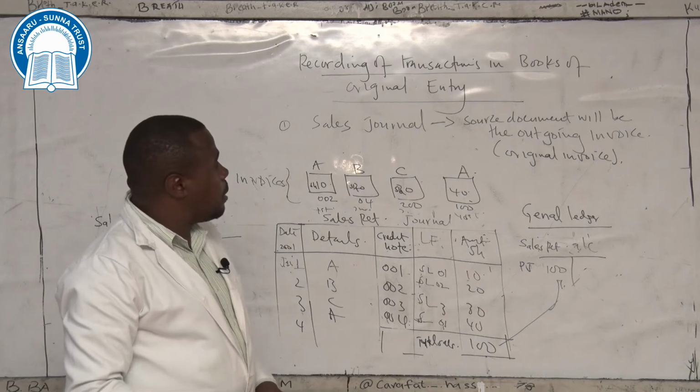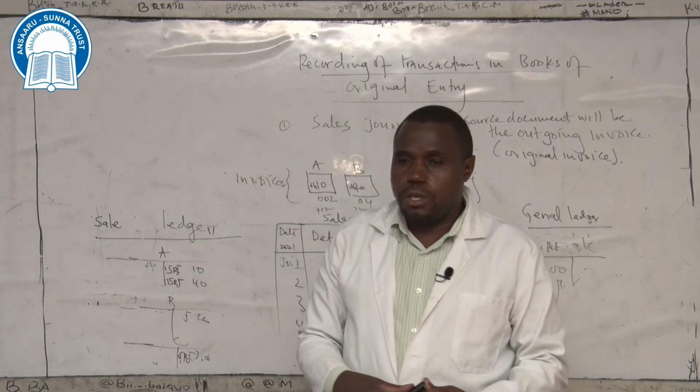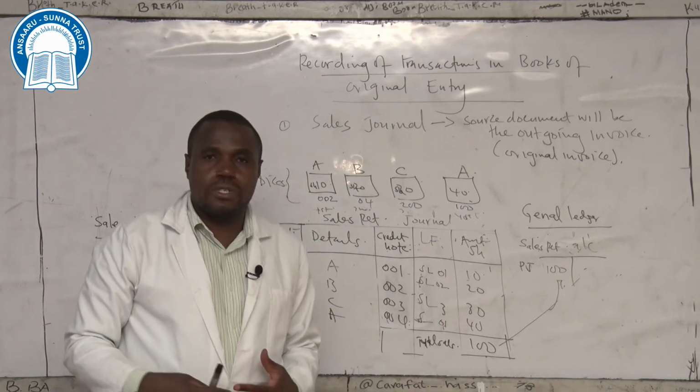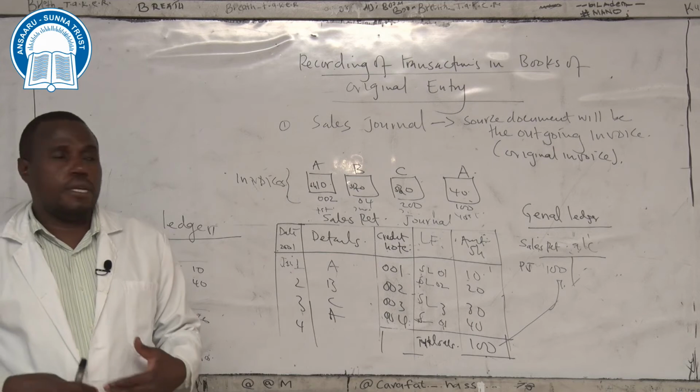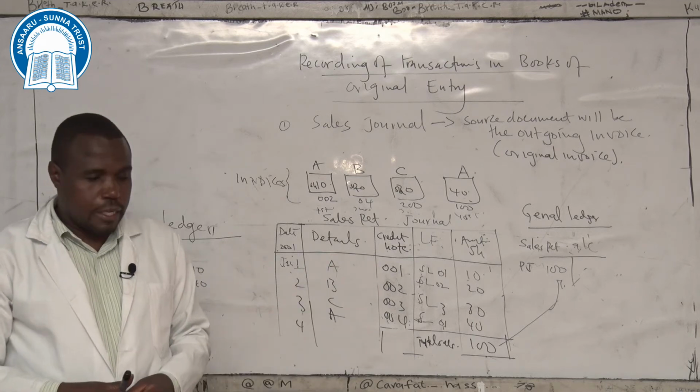And source documents are those documents from which original information concerning a transaction is extracted so that it can be posted in these books of original entry.